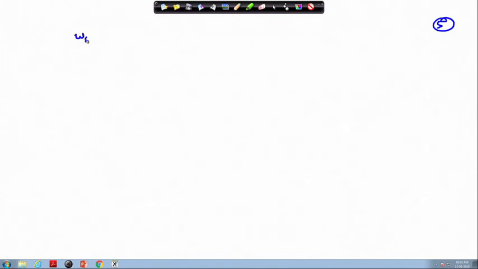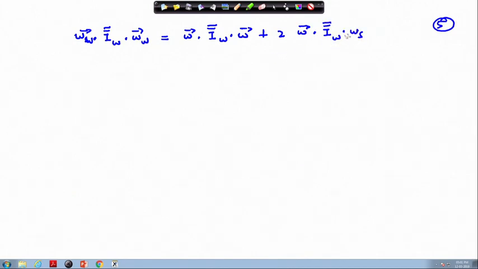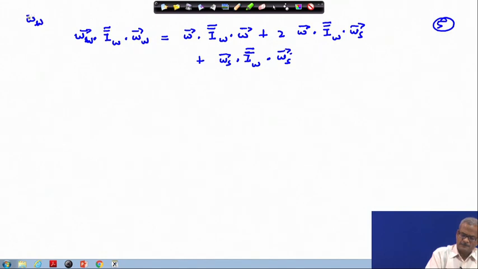Especially the term omega_w dot I_w dot omega_w can be broken up in terms of the angular velocity of the main body and the spin rate of the wheel, where we have used the information that omega_w equals omega plus omega_s.